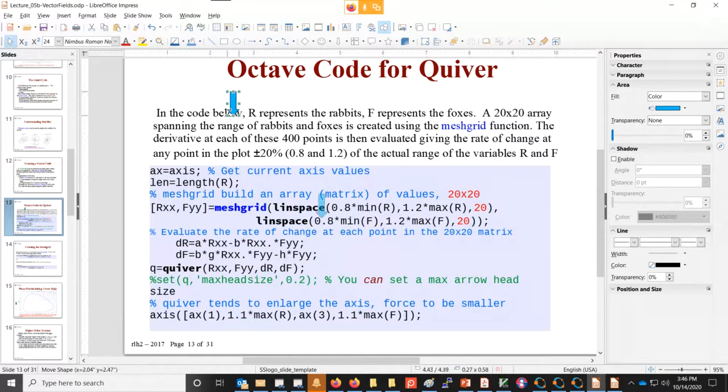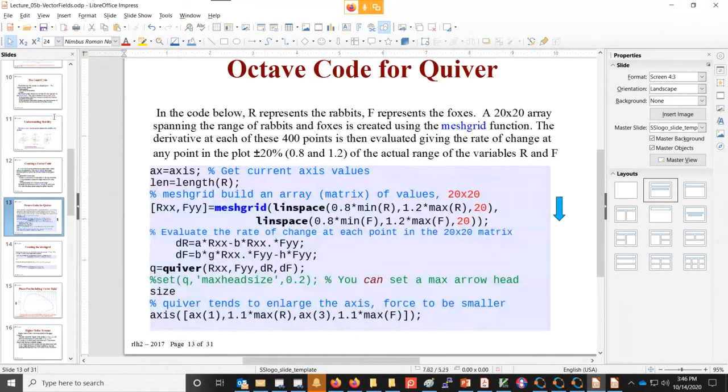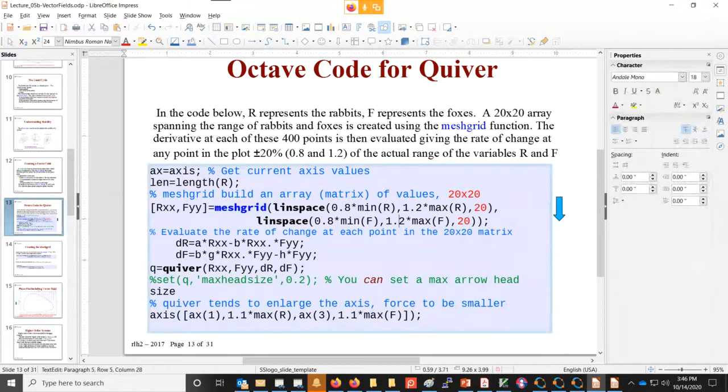And what meshgrid does is it just gives you a whole bunch of points, x comma y. If you think of the graph as x being the horizontal and y being the vertical, you're just getting all points along there. And you're getting 20 points from the minimum value to the maximum value.